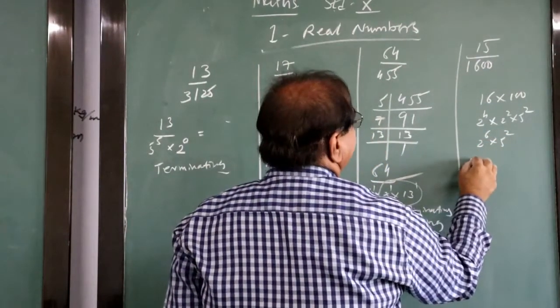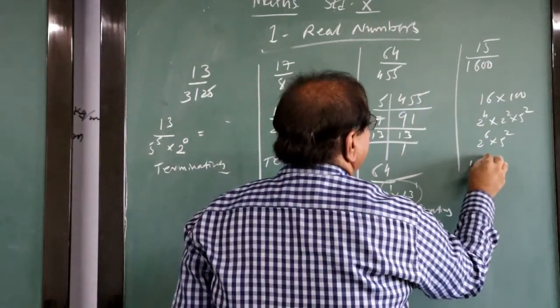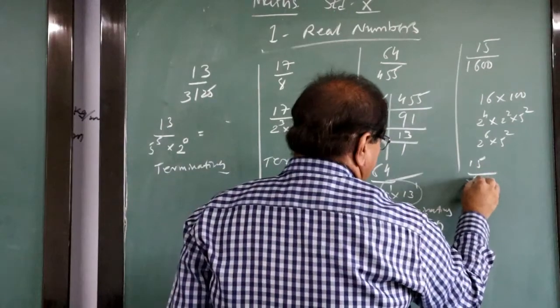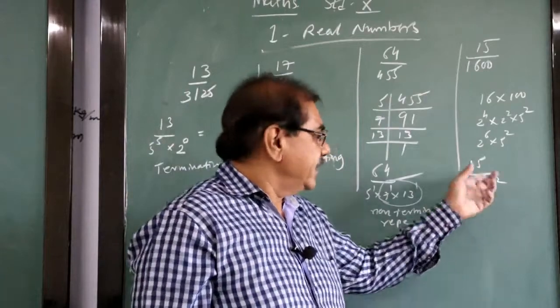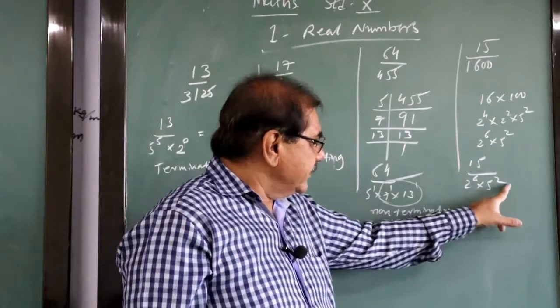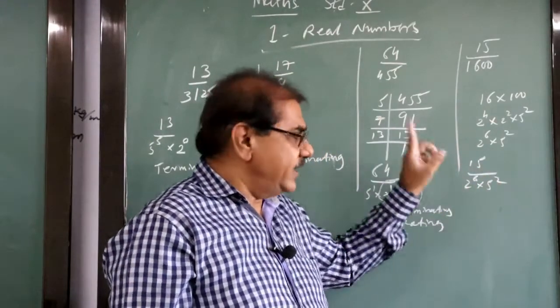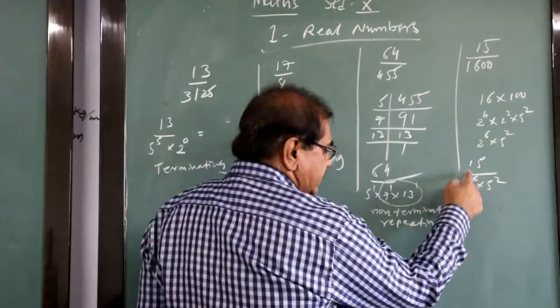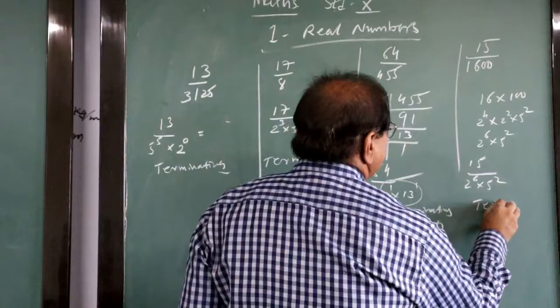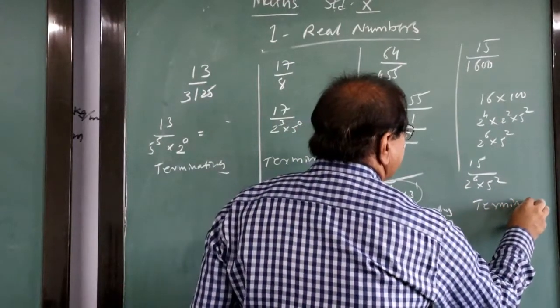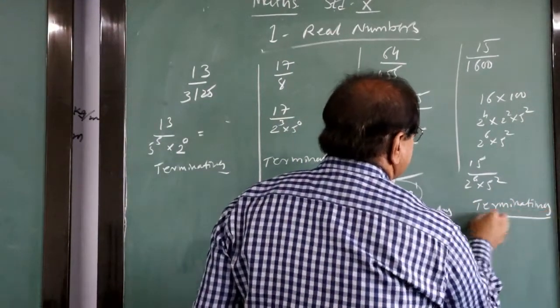So I can write 15 upon 2 raised to 6 into 5 raised to 2. Can you give the answer? The prime factorization of q is in the form of 2 raised to n multiplied by 5 raised to m. So it is terminating. It will have a terminating decimal expansion.